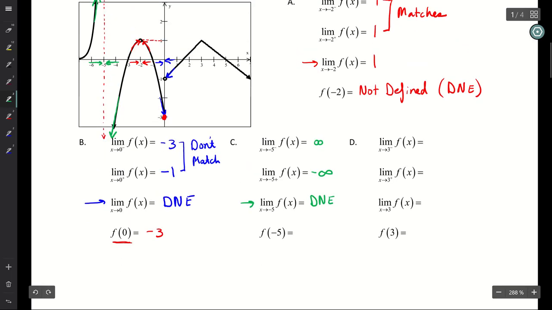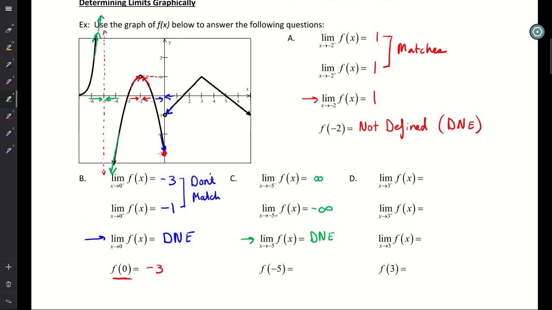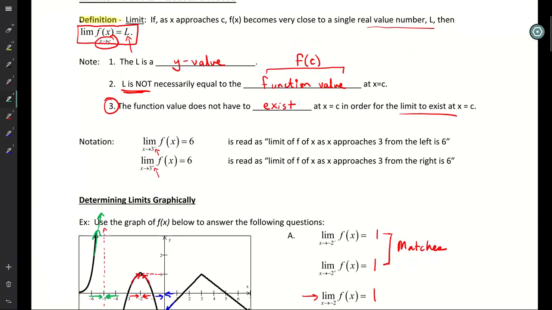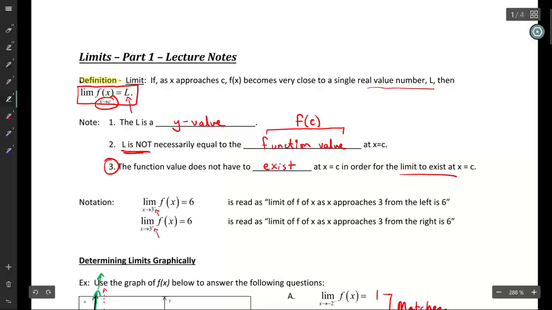Now, when you're dealing with infinities, it's a little bit tricky because an infinity automatically means that your limit is non-existent. Remember that in the definition, our limit has got to be a real value.